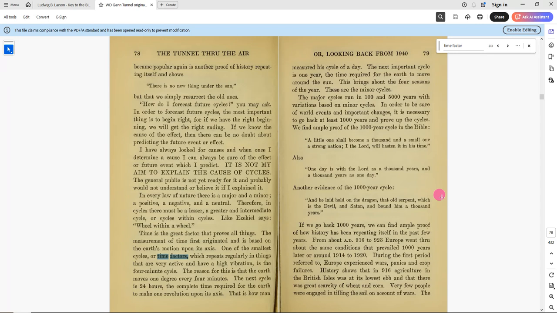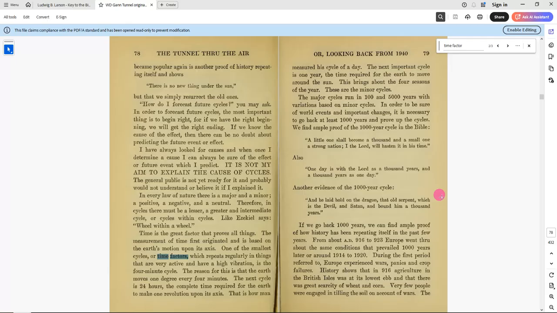So we can take these cycles that are mentioned here, the ones he mentions. You can also take the other astronomical cycles, and you can use them in whole or in divisions, and those become time factors.